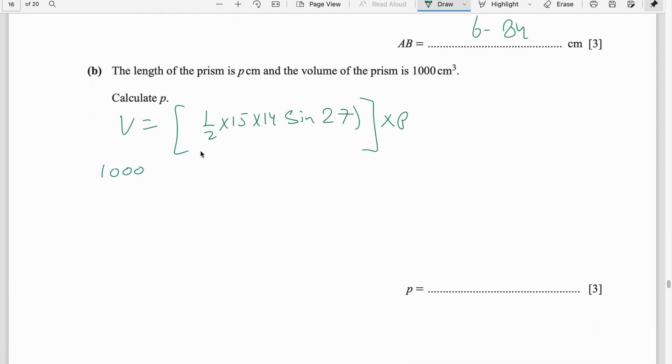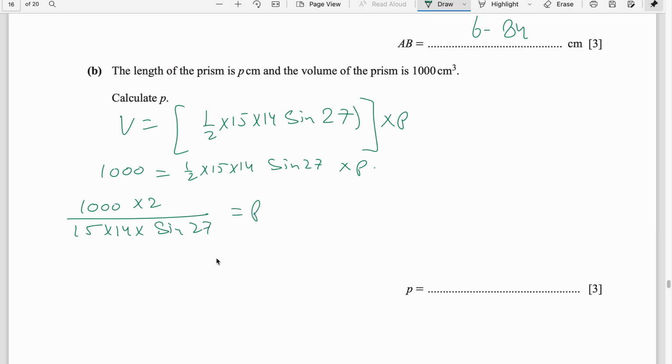So 1000 is equal to 1 by 2 into 15 into 14 into sine 27 into P. Make P the subject, 2 goes on that side, 1000 into 2 divided by 15 into 14 into sine 27. Make use of your calculators. 20.977 approximately equal to 21.